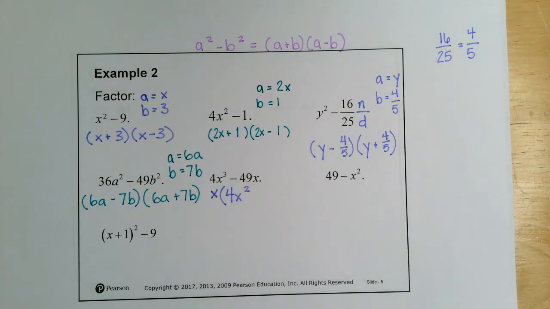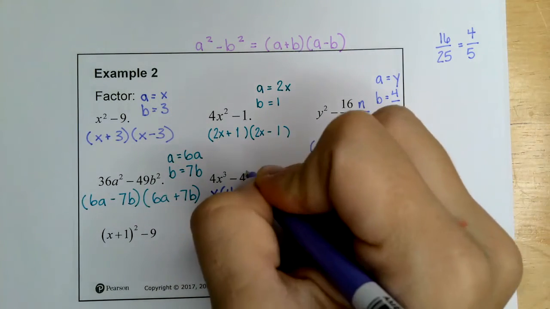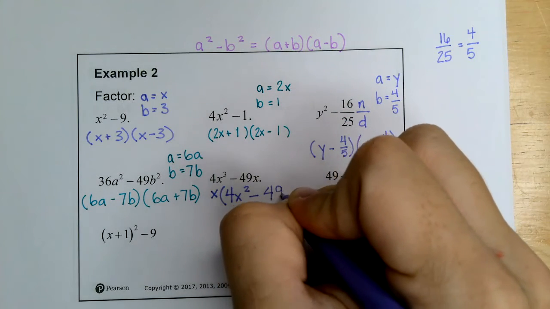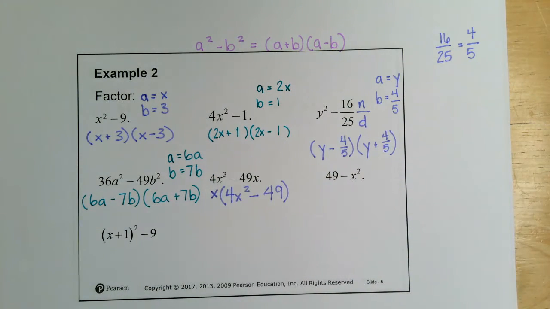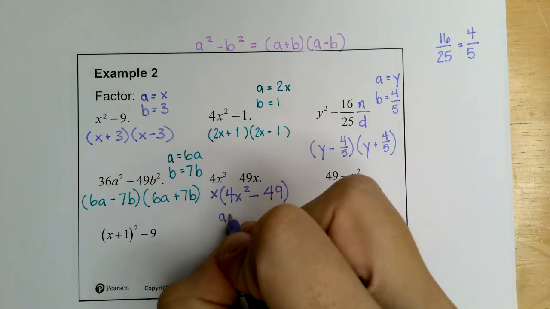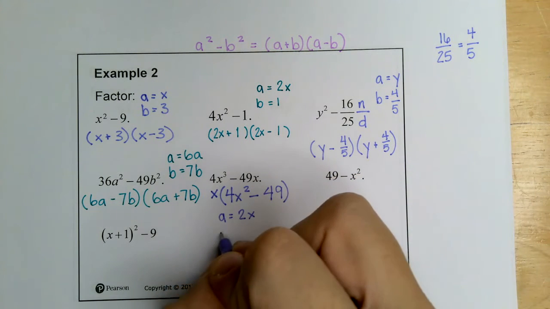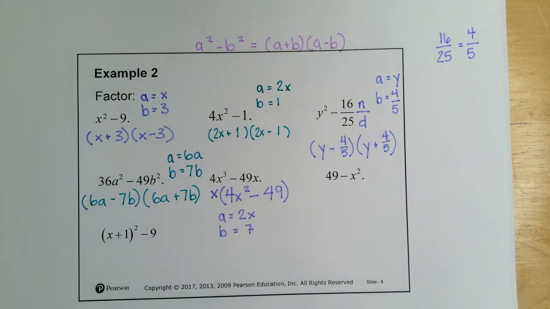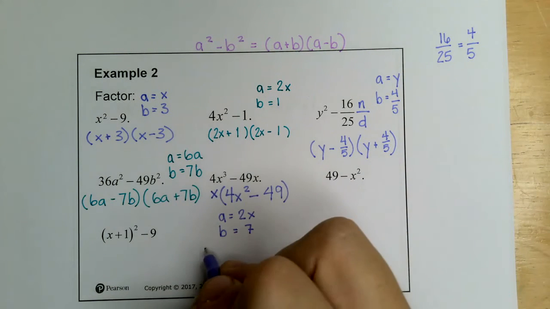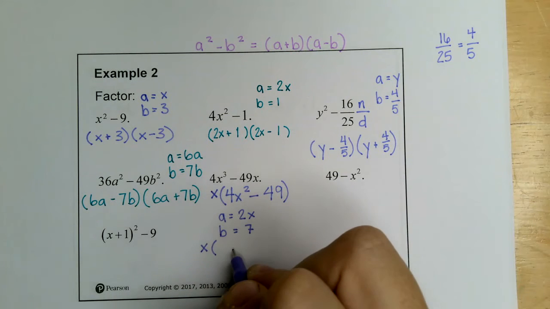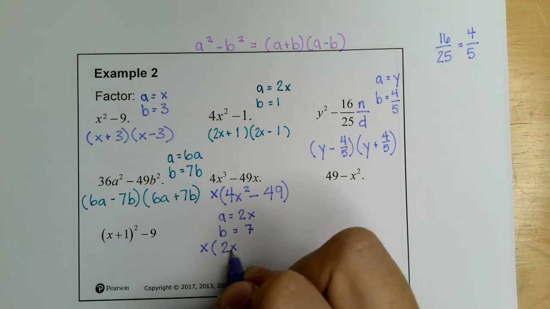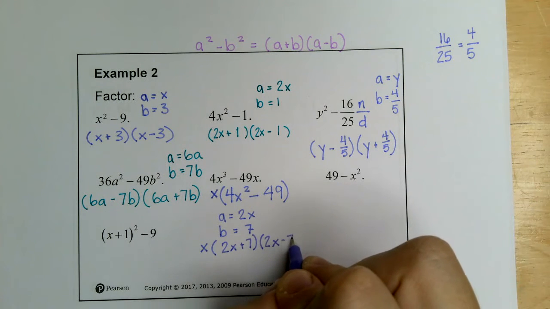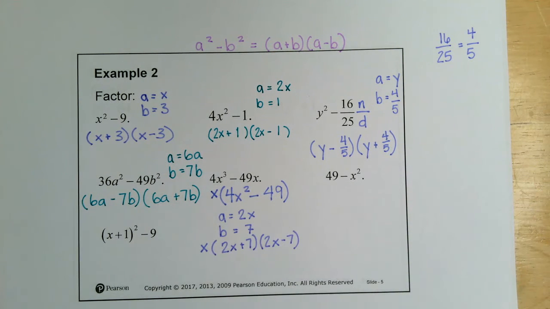That's a perfect square. 49x divided by x gives me 49. That's a perfect square too. So now we have a is 2x, b is 7, right? And then we have x on the outside.